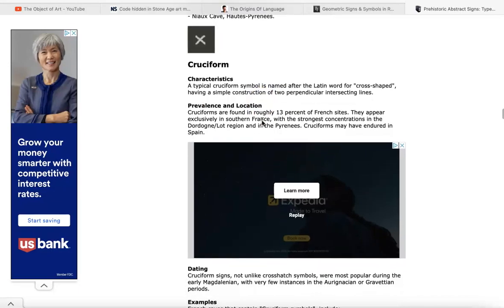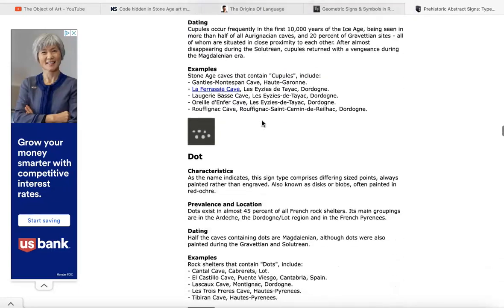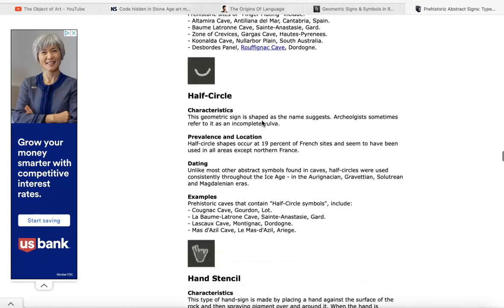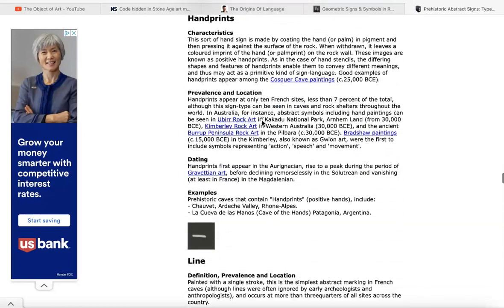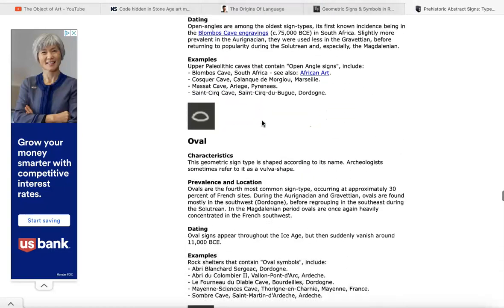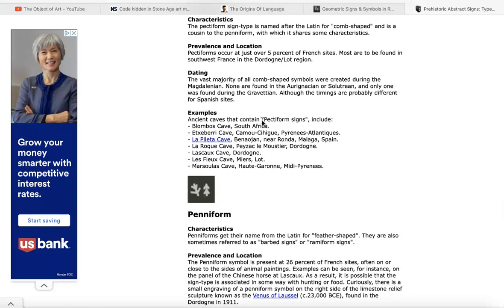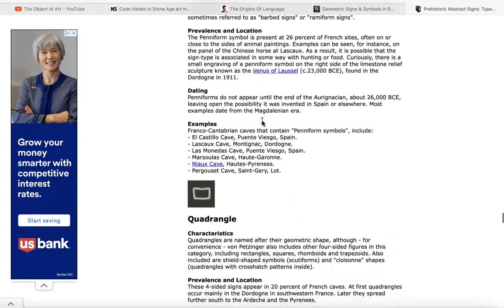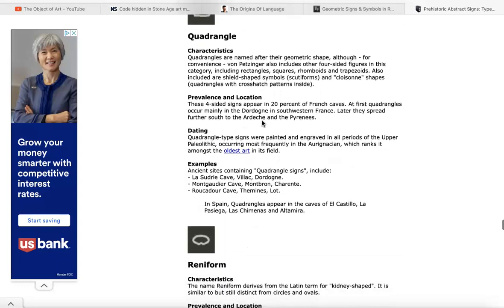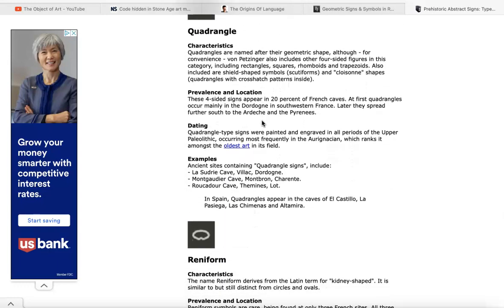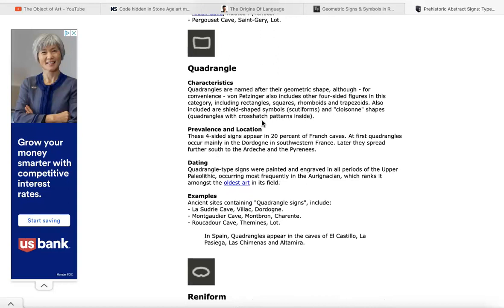That's really interesting. What I was going to say is, and I'll just scroll through this while I talk, it seems to me plain as day that this is the precursor to language as we know it. Because when you really think about letters or characters in any given language, they're symbols.